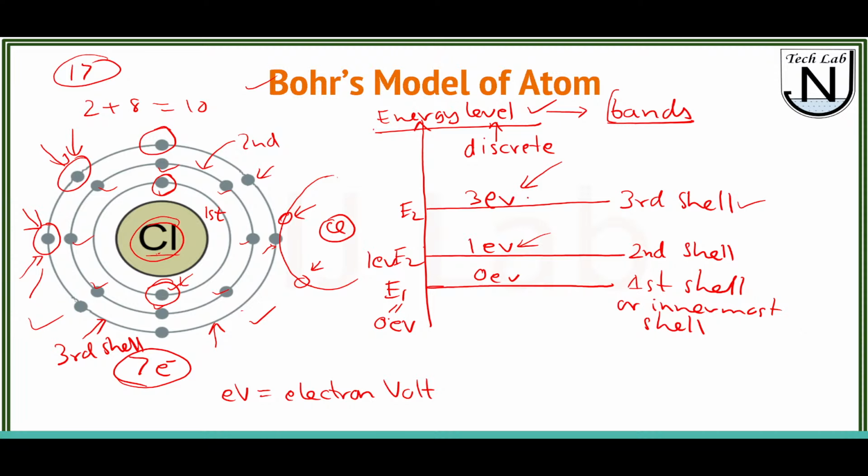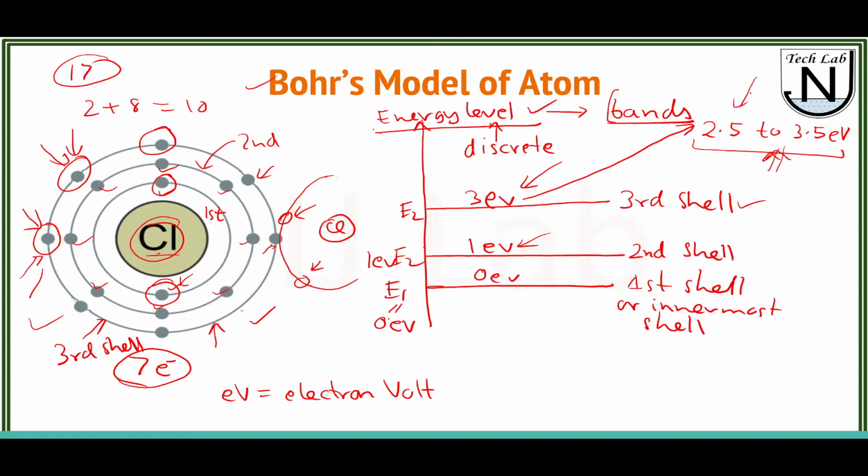For example, suppose it is 3 electron volt, then after interacting with a large number of neighboring atoms, the range can be between 2.5 to 3.5 electron volt. So what I am trying to say is that instead of having a single value, we will be having a band, right? And the electrons in the third shell may have any energy value in between this range, right?